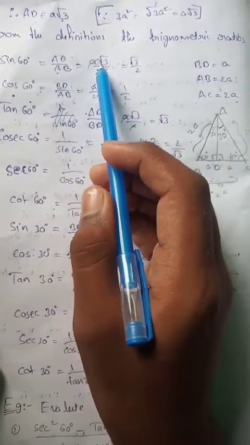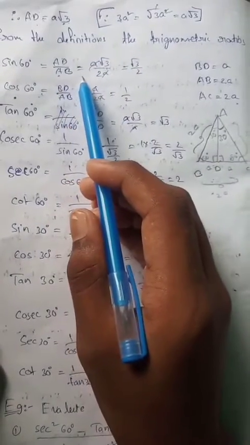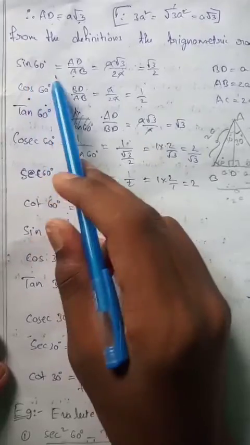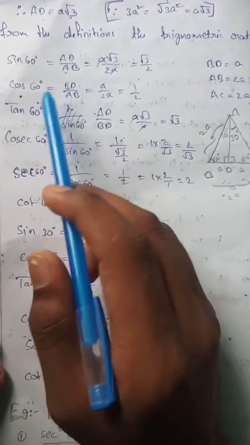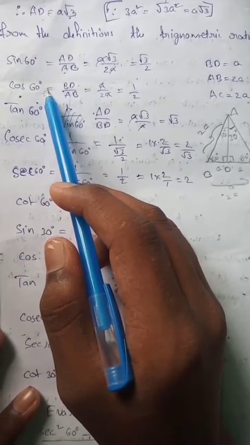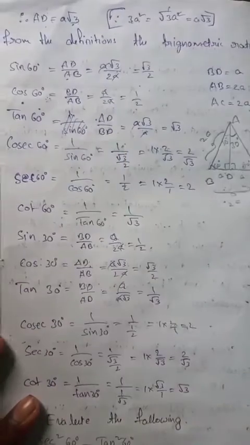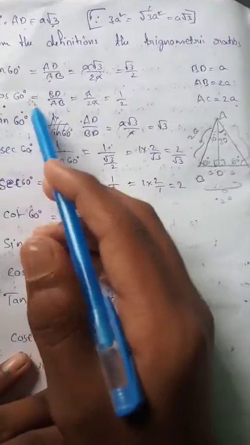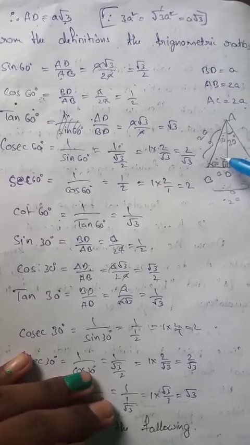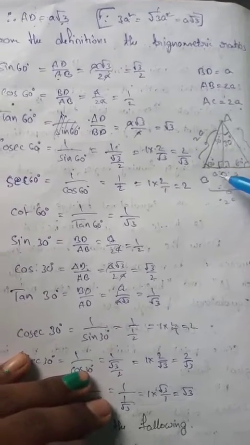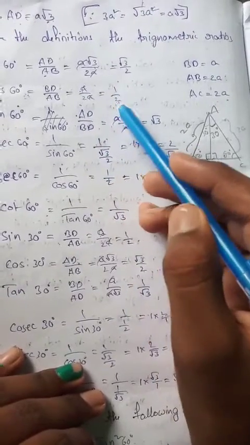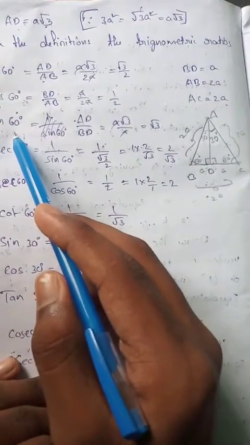AD value is A root 3 and AB value is 2A, so A cancelled and root 3 by 2, sin 60 came. After that cos 60, that means adjacent by hypotenuse, A by 2A, A cancelled and 1 by 2 came.